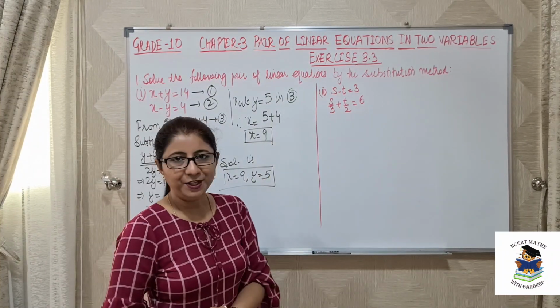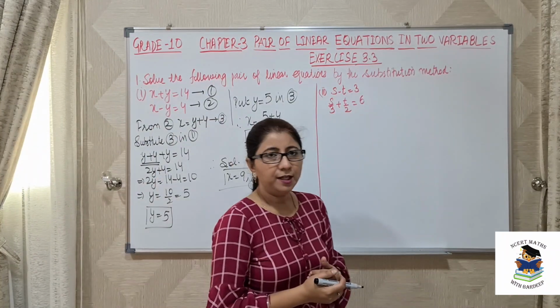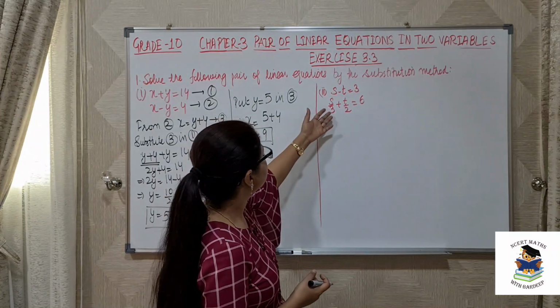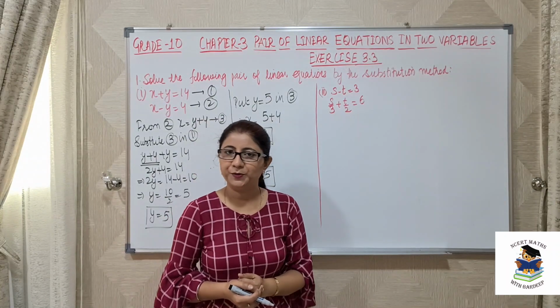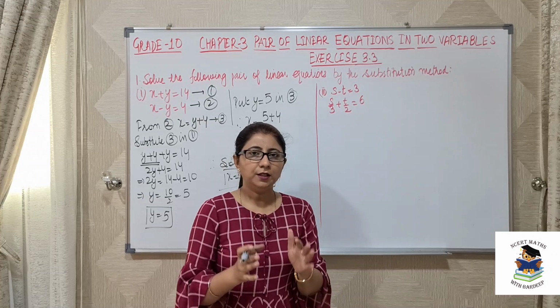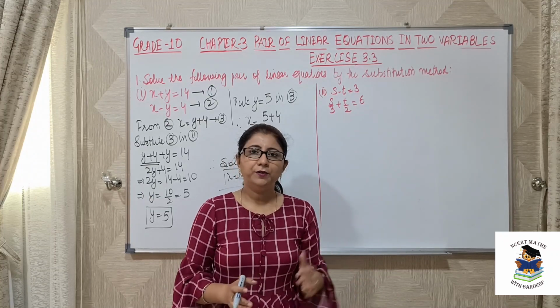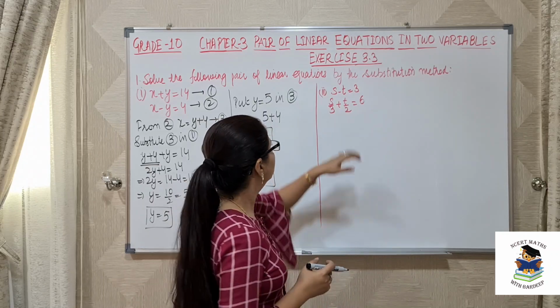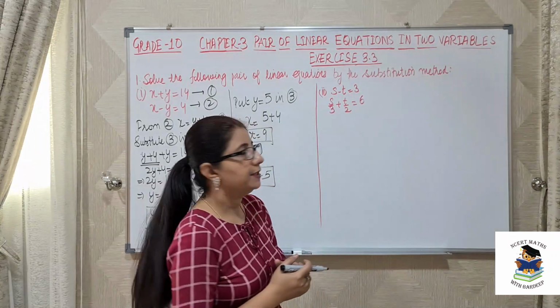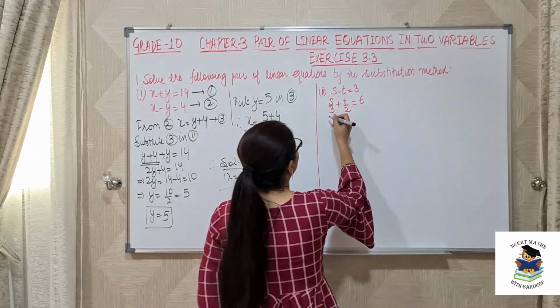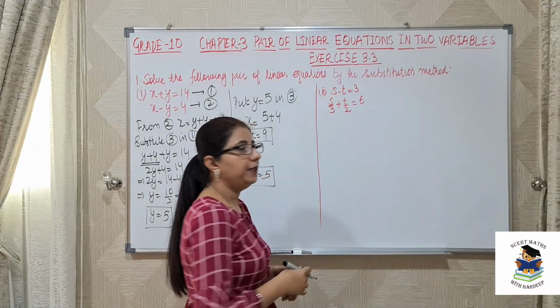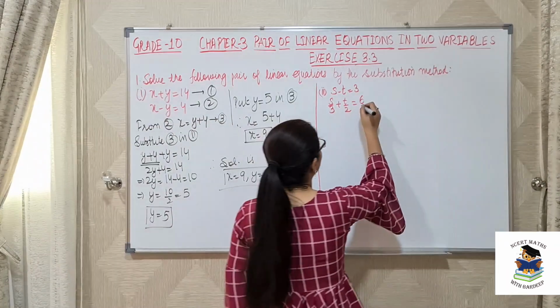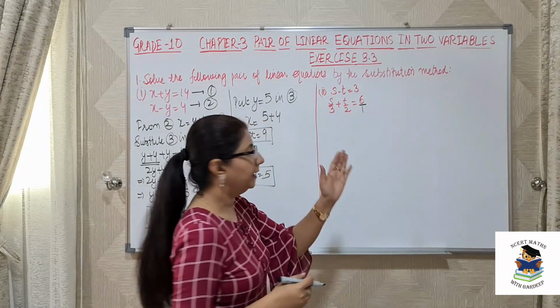Now let's see the second one. In the second part we have seen that the second equation is in fraction. Okay, it's always better if you take the LCM whenever your terms are in fractions, so that the denominator is eliminated. So first we need to modify our second equation. The LCM of 3 and 2 will be 6. So I'll put 1 here and take LCM.